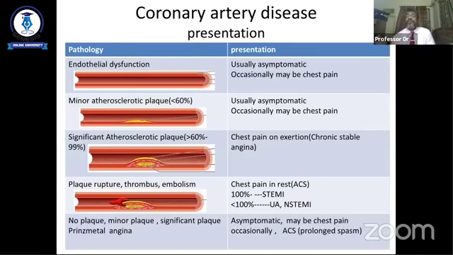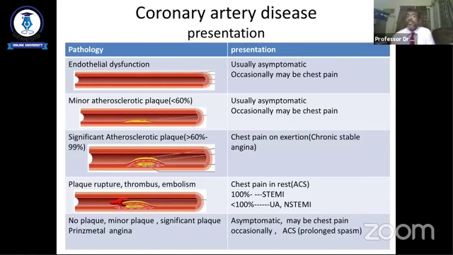So there is improvement of the coronary circulation, and so there is increased oxygen and blood supply to the cardiac muscles. So plaque stabilization is an important factor in acute coronary syndrome. For plaque stabilization, usually we add a high dose statin like atorvastatin or rosuvastatin.